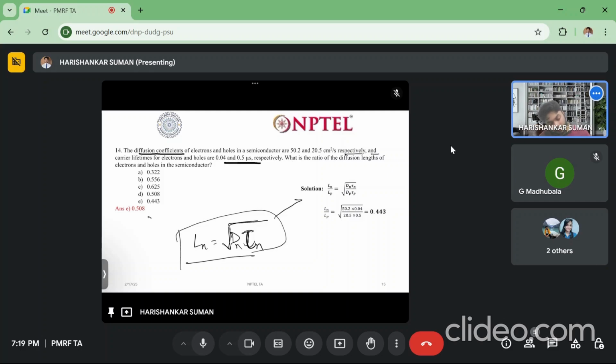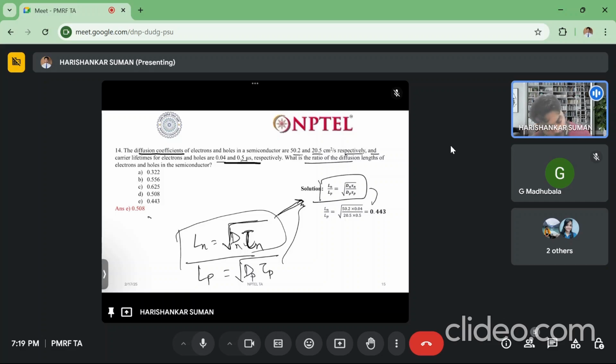For the ratio, you can simply divide, and these values are given: diffusion coefficient and carrier lifetime.